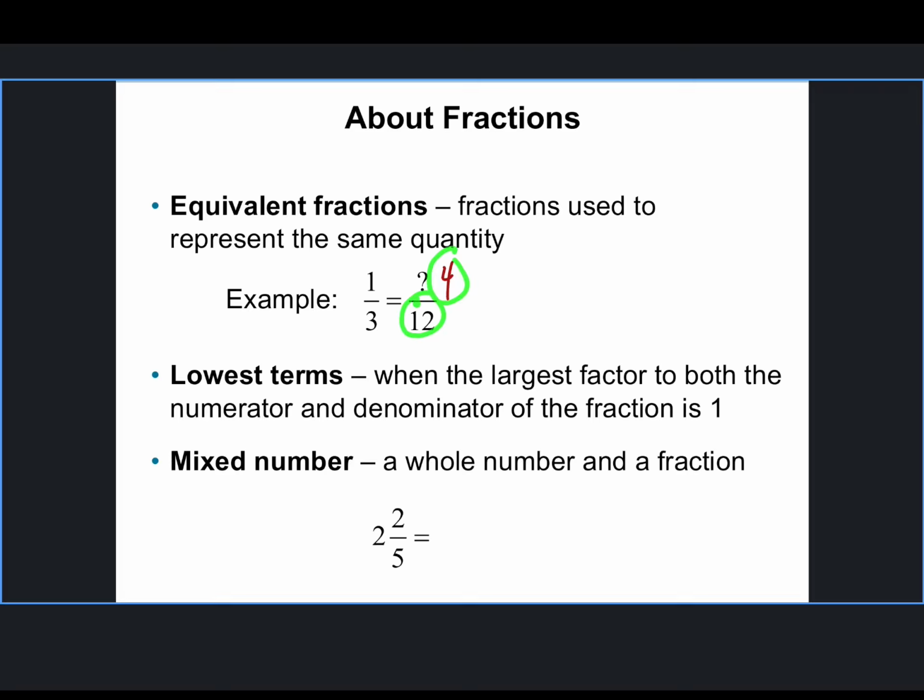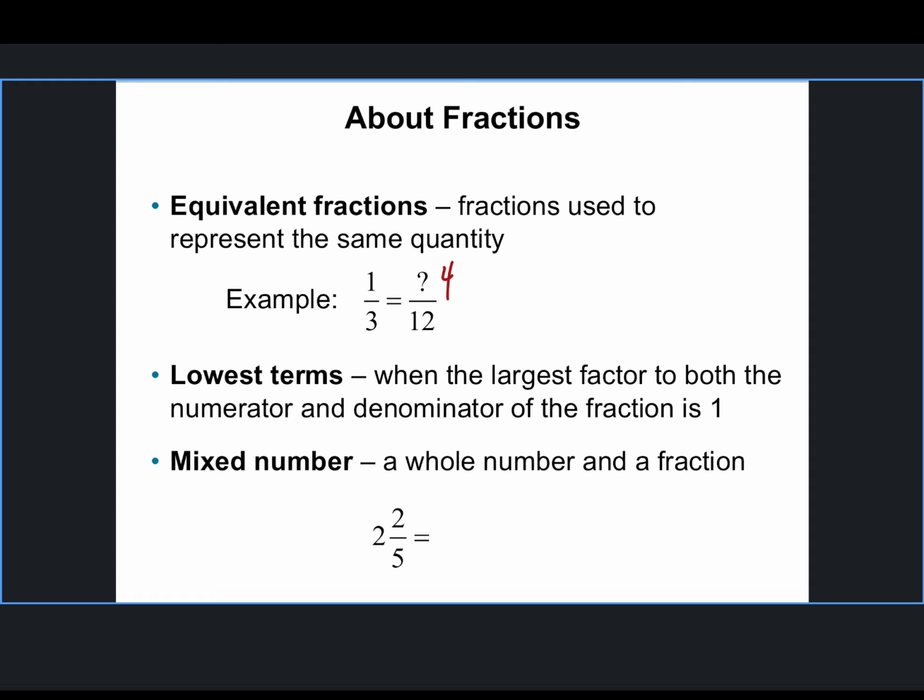So that can't be in lowest terms. 1 and 3, on the other hand, what factors do 1 and 3 have in common? Just 1. So this fraction is in lowest terms. And that makes sense that 4 twelfths would not be in lowest terms because we had to take 1/3 and multiply it by something, right?